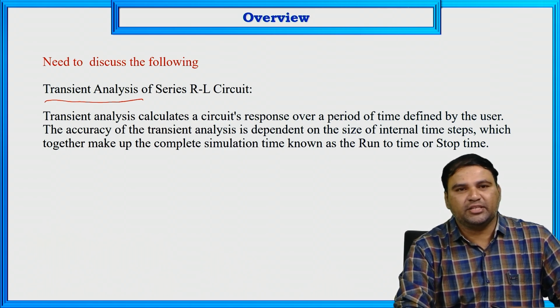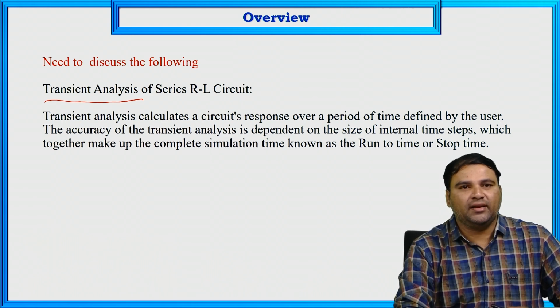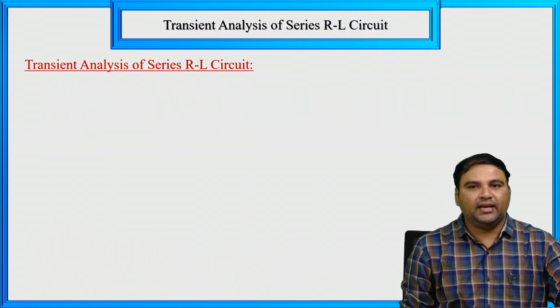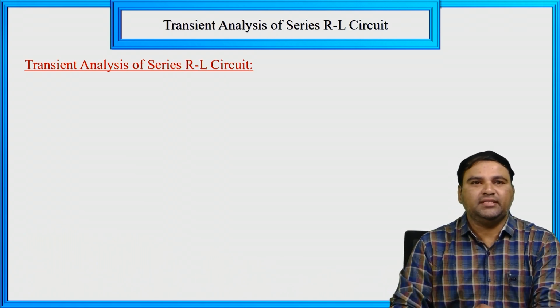So mainly in the transient analysis of series RL circuit, we have to calculate the circuit response, whether it is a current or a voltage drop at resistor R or inductor L. Mainly we have to calculate the current response of the RL circuit. Here I am taking one series RL circuit.